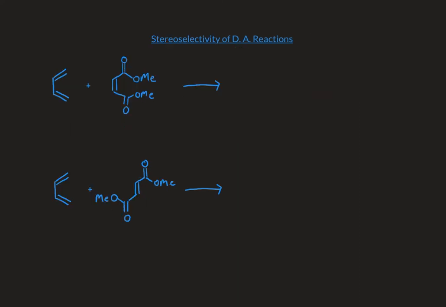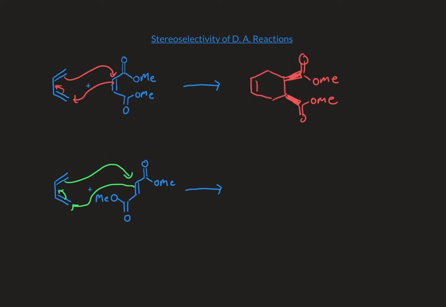Because Diels Alder reactions are concerted, they are stereoselective. And so all this happens at once. It's a concerted mechanism. This is stereoselective, and it's going to preferentially form this product. Similarly, this reaction, again, is concerted, and is going to preferentially form this product.